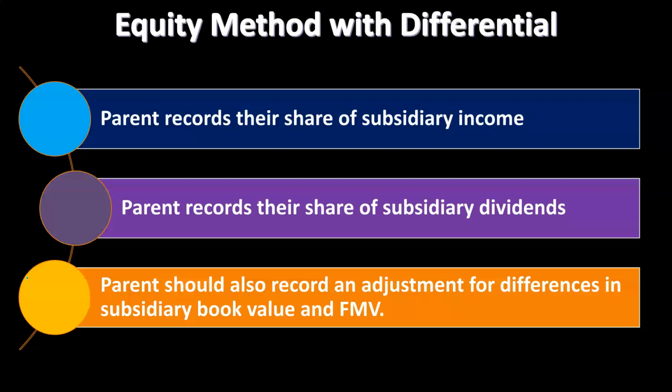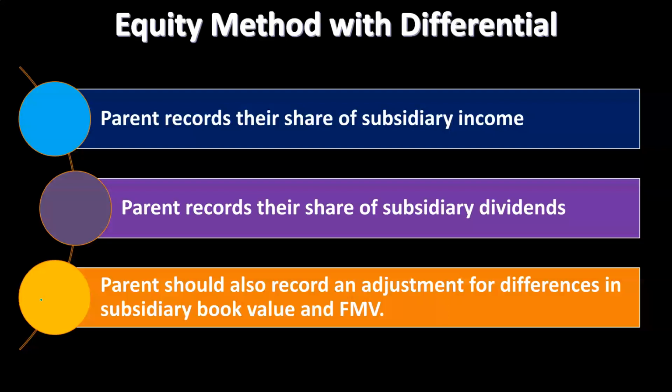But now we're saying, hey, if we know that the property, plant, and equipment is now of a higher value, we know that their depreciation is going to be under-depreciated because it's not being based on the full fair value that we're going to need upon consolidation. Therefore, the parent should take into consideration the added depreciation related to it, and then record their equity method accounting with regards to that change that's going to take place on consolidation.